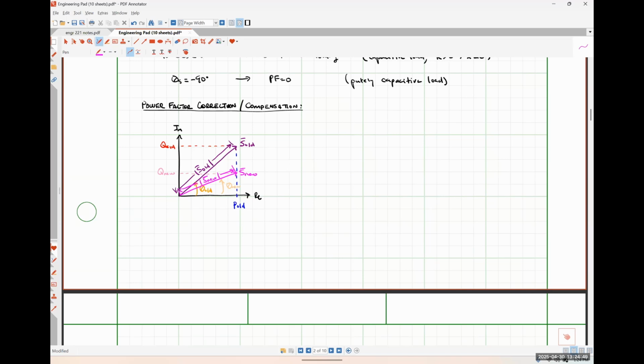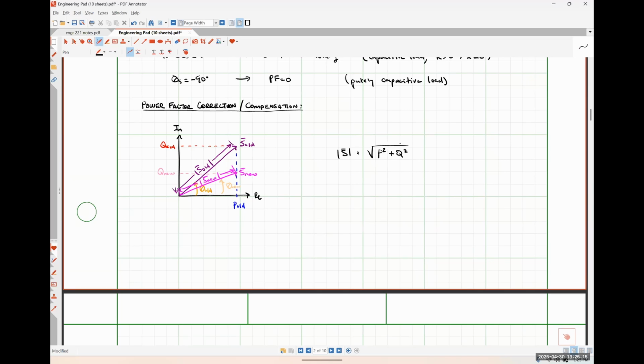So for what it's worth, our magnitude S, just in general, is going to be equal to the square root of P squared plus Q squared, right? So when P is held constant, that term stays the same. But if we're making Q smaller, then that's going to make our magnitude smaller.